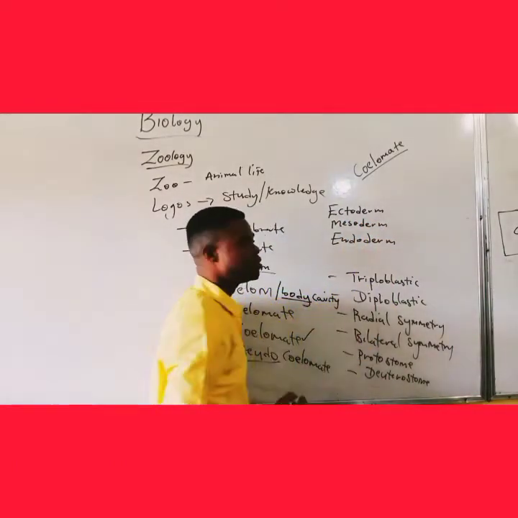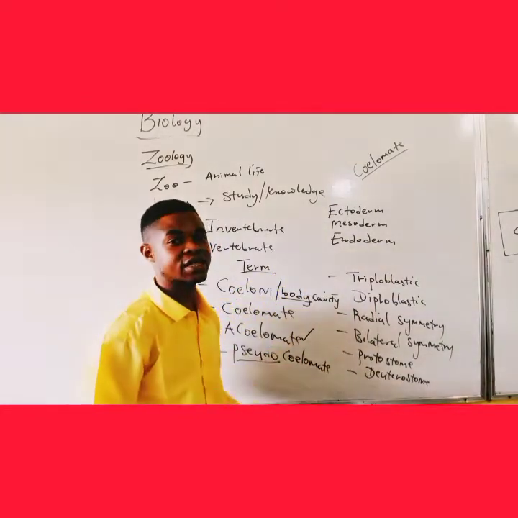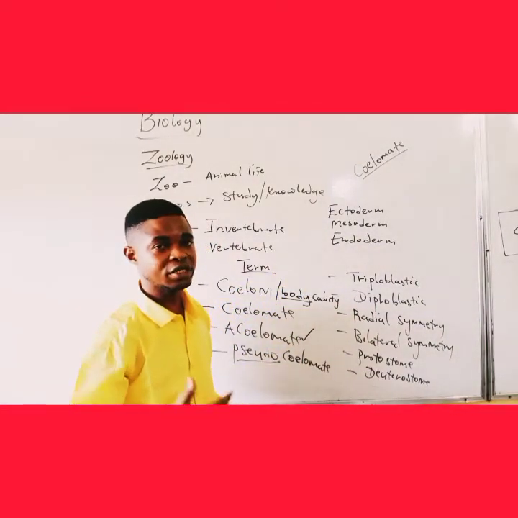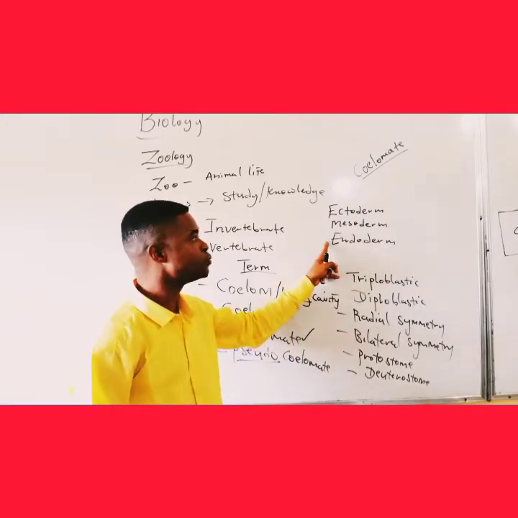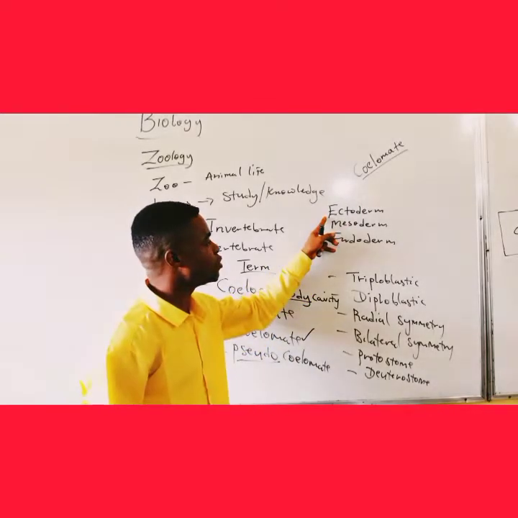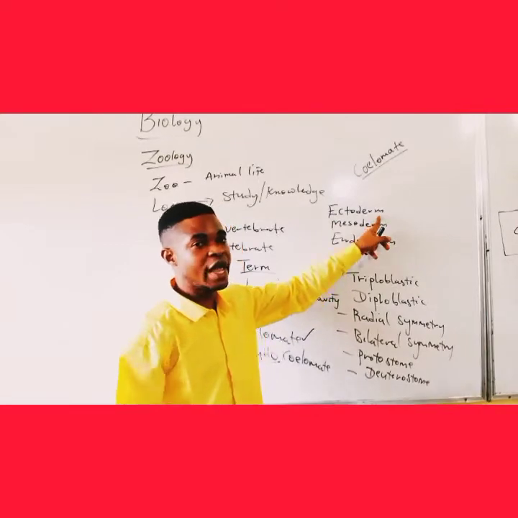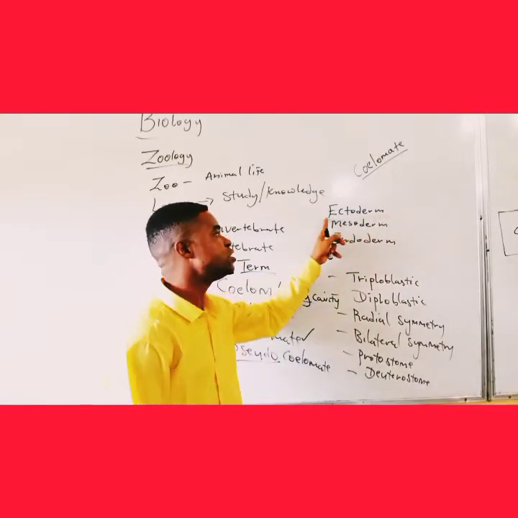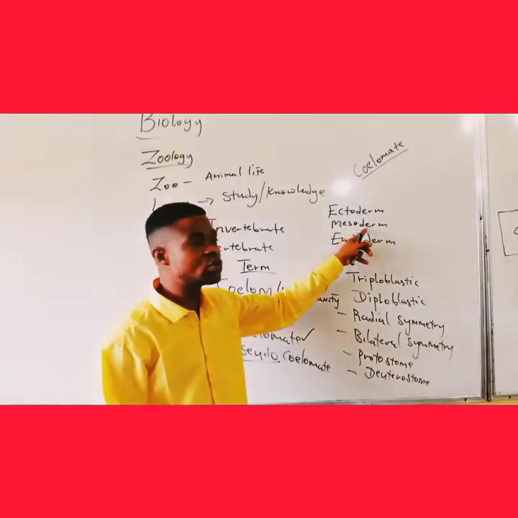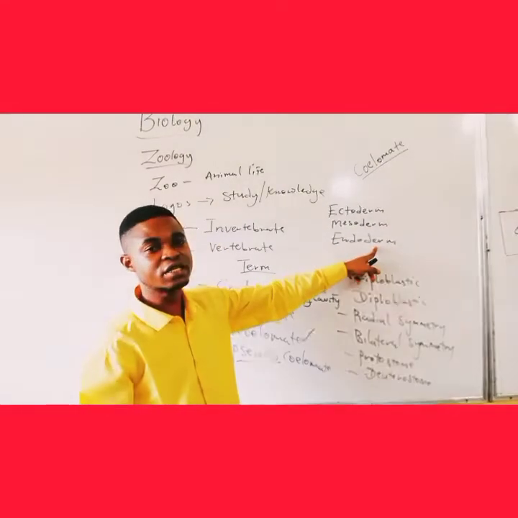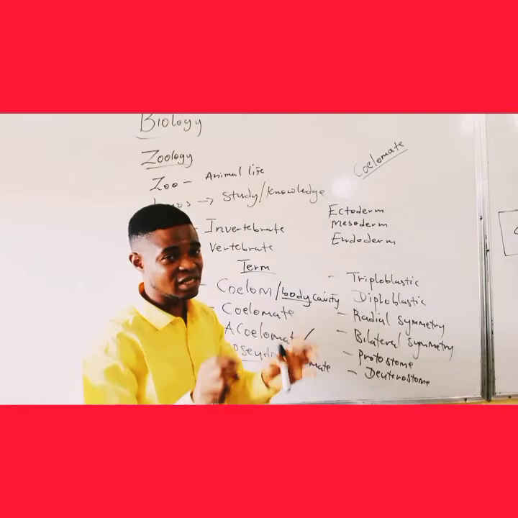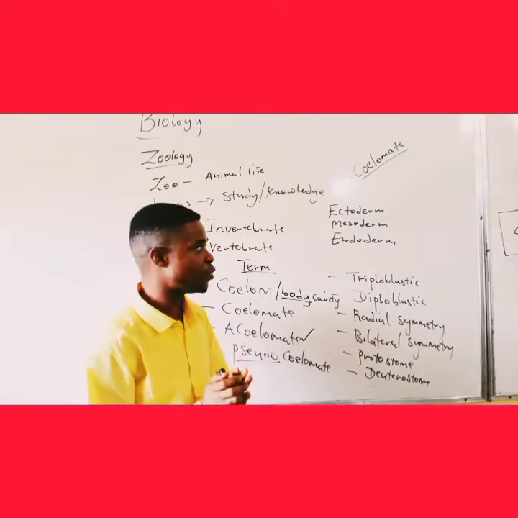These are the three layers that some embryos, not all, usually differentiate into. So the first layer is the what? The ectoderm. Ecto means outside, so this is the outer layer. Then the mesoderm is the middle layer. Then the endoderm forms the what? The inner layer of the embryo.